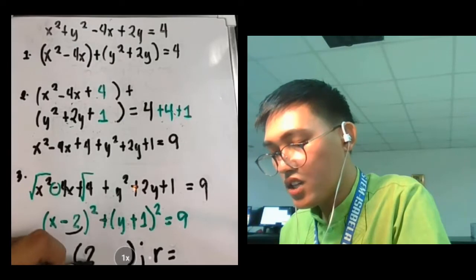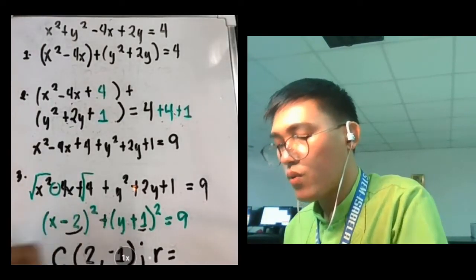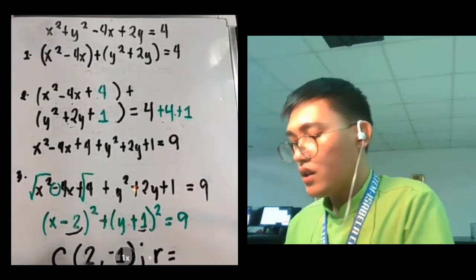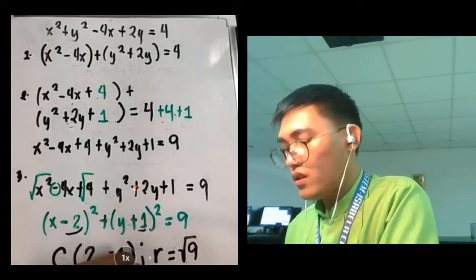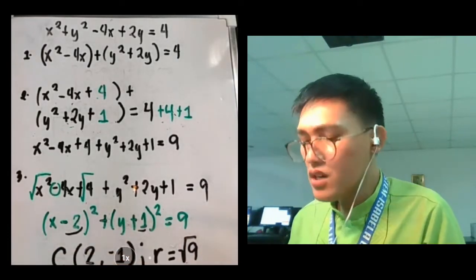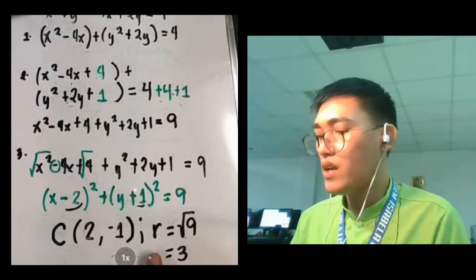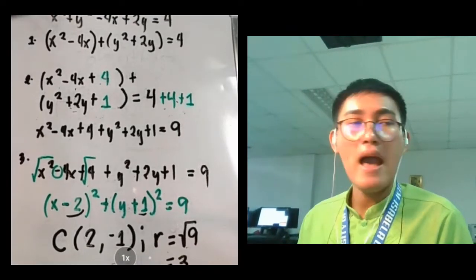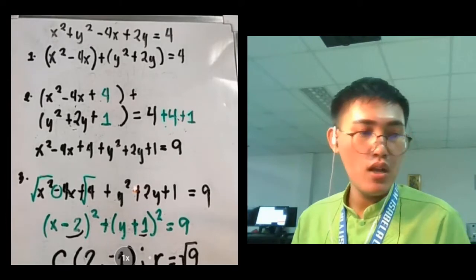Also positive 1, that will be negative 1. For 9, the square root of 9 will get 3. So final answer, we have the center at (2, negative 1) and the radius equals 3 units. So that is how we are going to transform a general equation to a standard equation.